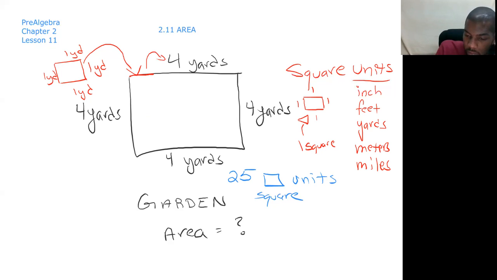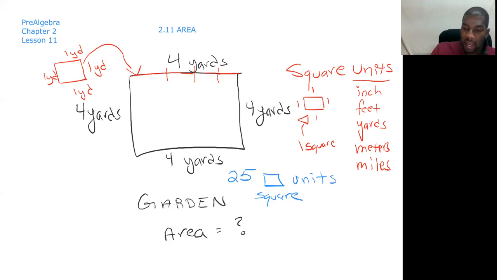So that's 1, 2, 3, 4. I need to draw that a little bit more precise, so give me a second. So here we go. 1, 2, 3, 4.